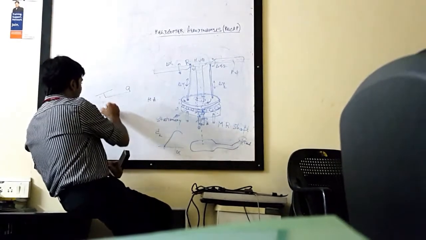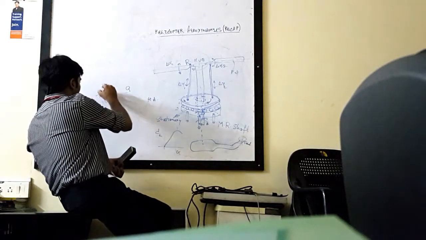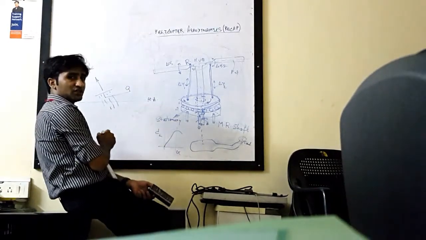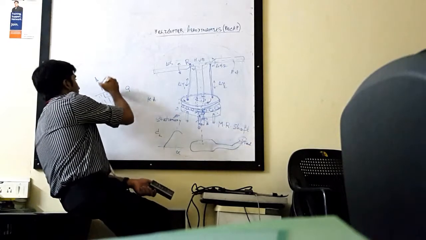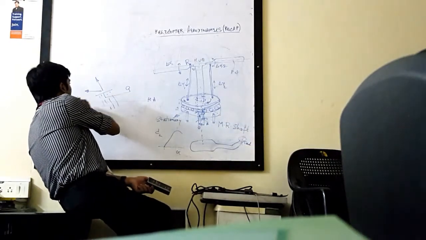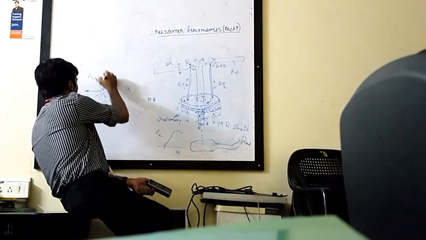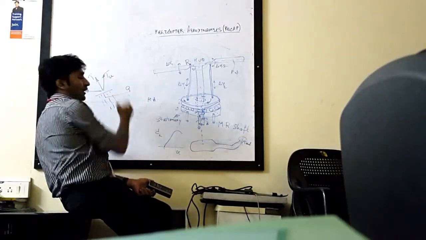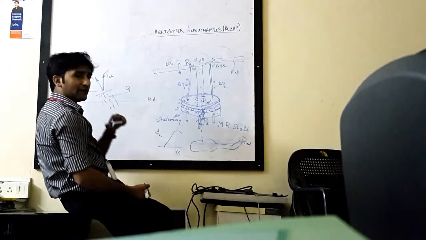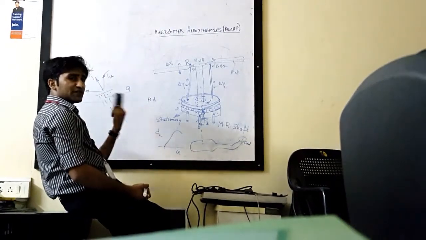Alright, so now you have a net thrust in this direction. Once you have a net thrust like that, this will give you a thrust forward, and thrust upward. Thrust upward keeps it in air, thrust forward takes it forward.